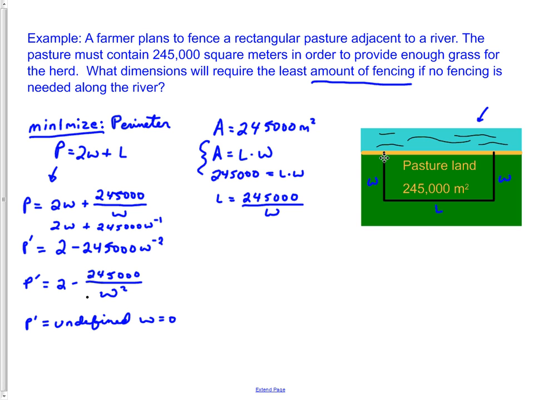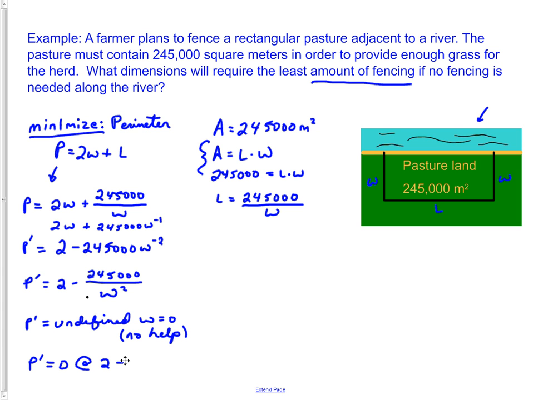Because if you imagine it, if the width is equal to 0, that means we've just got this huge, huge long fence along the river with practically 0 pasture land. That doesn't give us 245,000 square meters. So that's no good. But what about where p prime is equal to 0? Well, that could be some help.